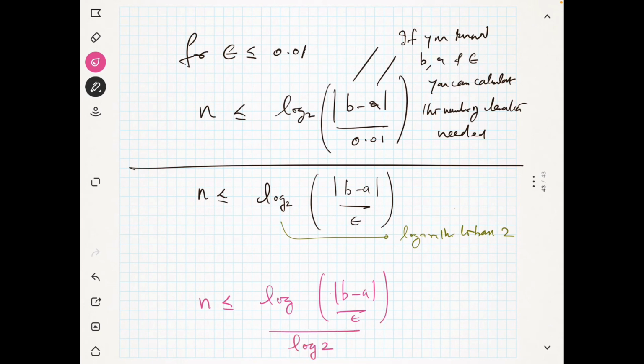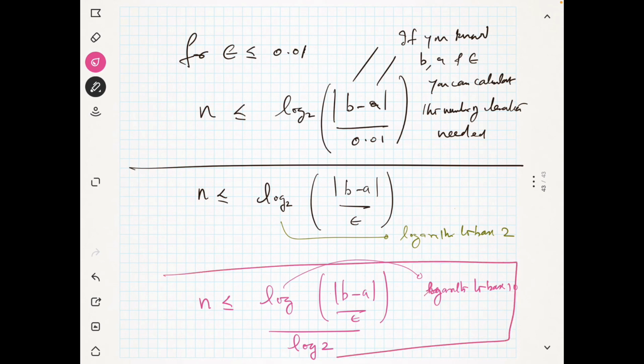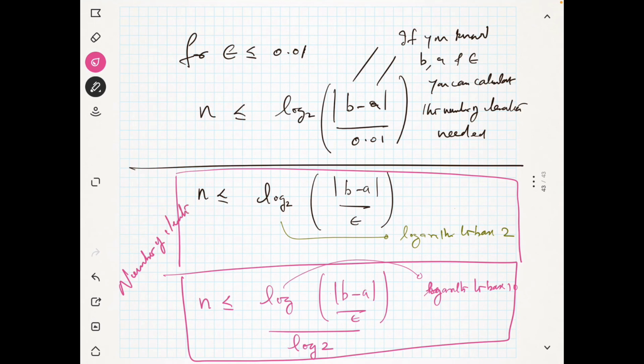This logarithm is to base 10. So in your calculator you have to use this formula, because there is a conversion between log to the base 2 and log to the base 10. So this is the number of iterations required, or it is giving you the speed of convergence of this algorithm. Okay, I hope it is clear to you.